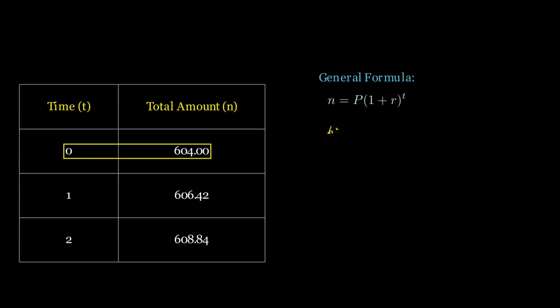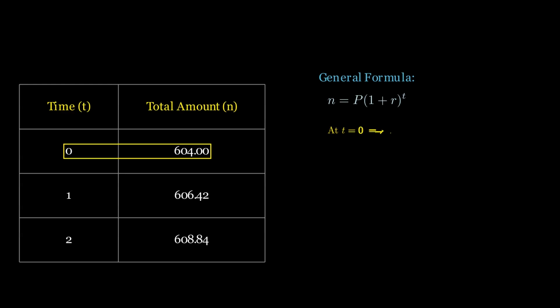To model this growth, we use the general exponential formula for compound interest. N equals P times the quantity 1 plus r raised to the power of t. In this structure, P represents the initial amount at time t equals 0, and r represents the growth rate or interest rate.